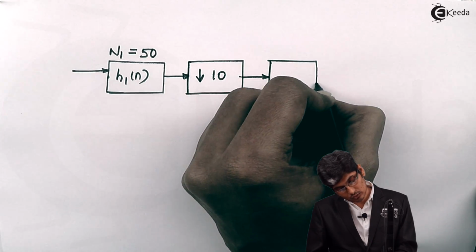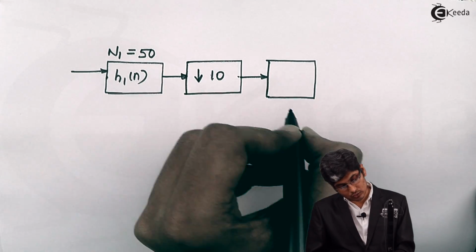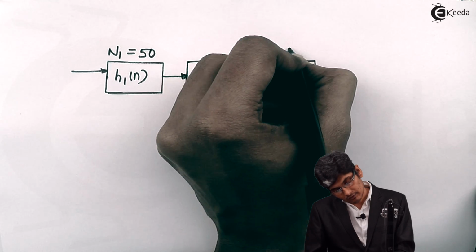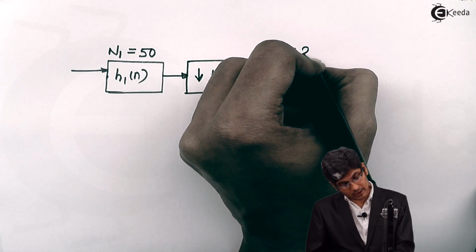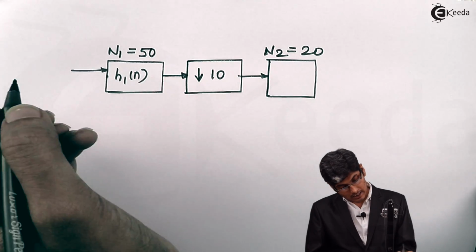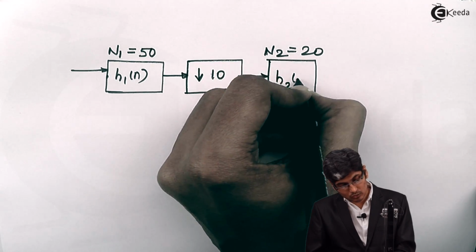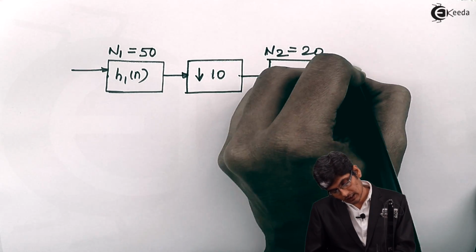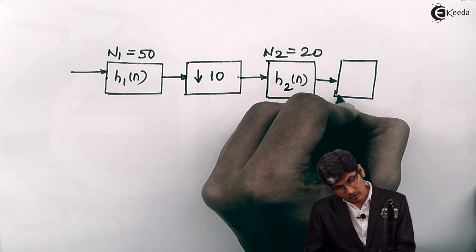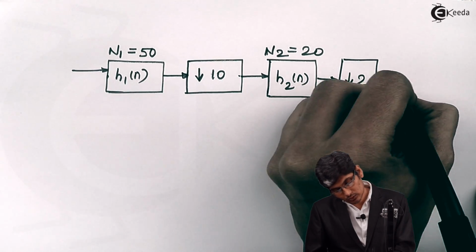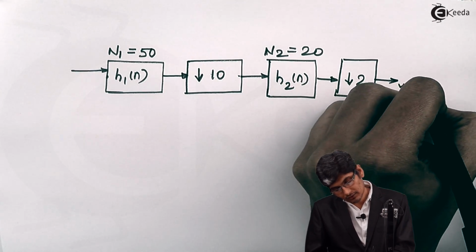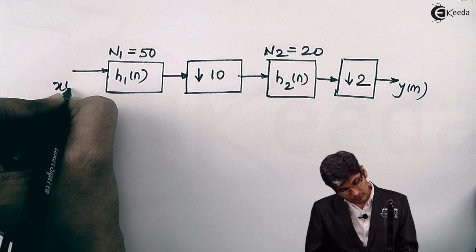Then in stage 2, I have a filter with N2 equal to 20, h2 of n, and then a downsampling rate of 2, and that will give me y of m.